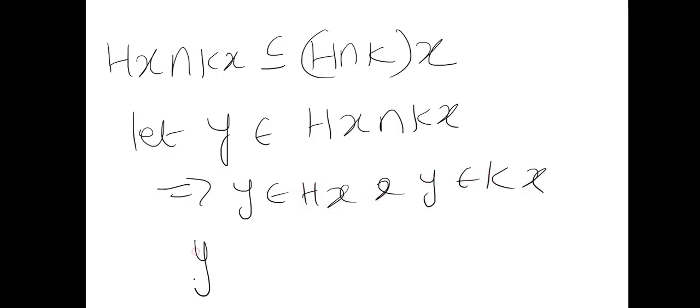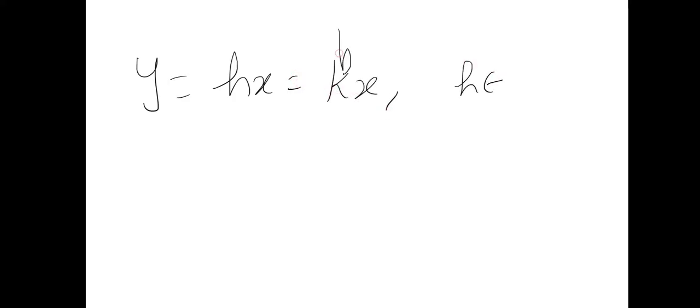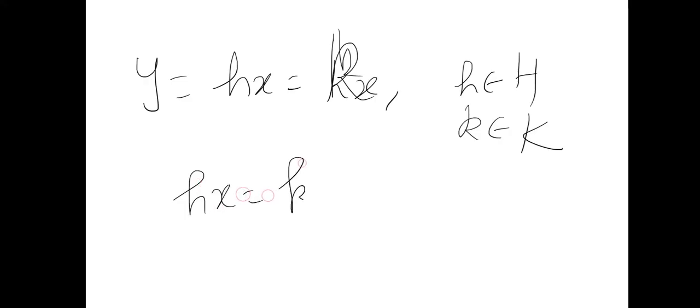Therefore, this y can be written as some hx where h is there in H. And the same y, since it is there in Kx also, can be written as some k multiplied by x where k is there in K. Right now what we have is y equal to hx, and the same y equal to kx, where h is in H and k is in K. So basically hx is equal to kx.